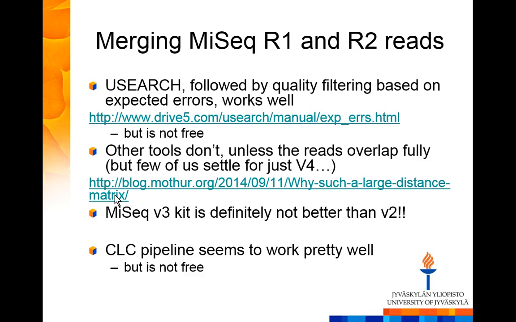But few Finnish laboratories or few people nowadays are happy with just V4. You get more greedy, you want at least V3 and V4. If you want really good quality data with MiSeq, then sequencing just V4 would be a great idea.